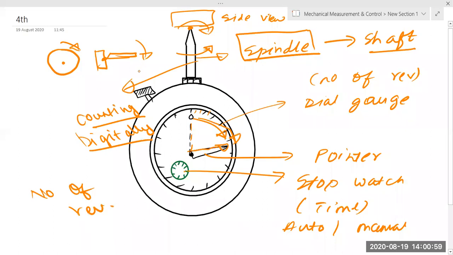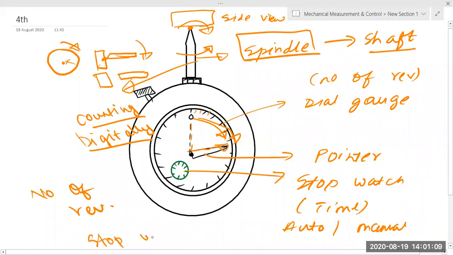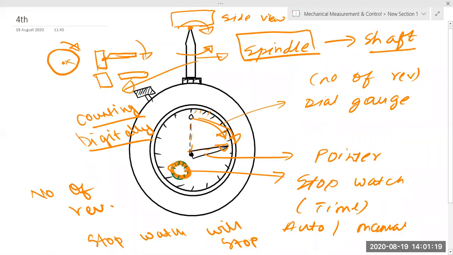As soon as the spindle is not in contact with the shaft, my stopwatch will stop, and I can see the time for which it was in contact with the shaft.